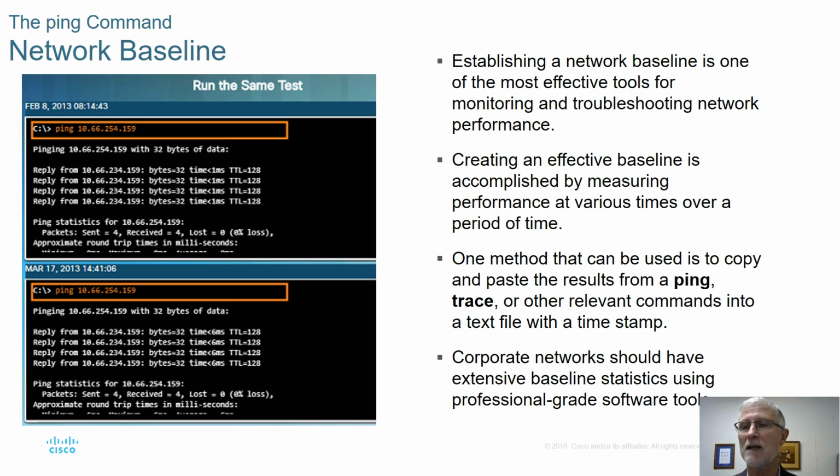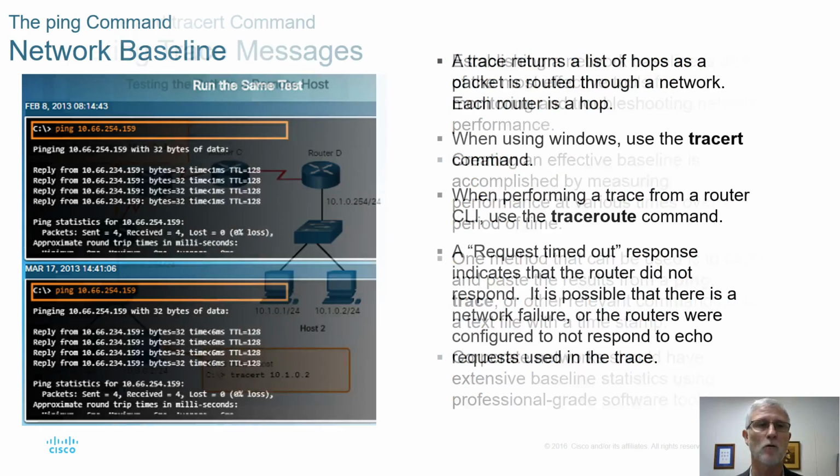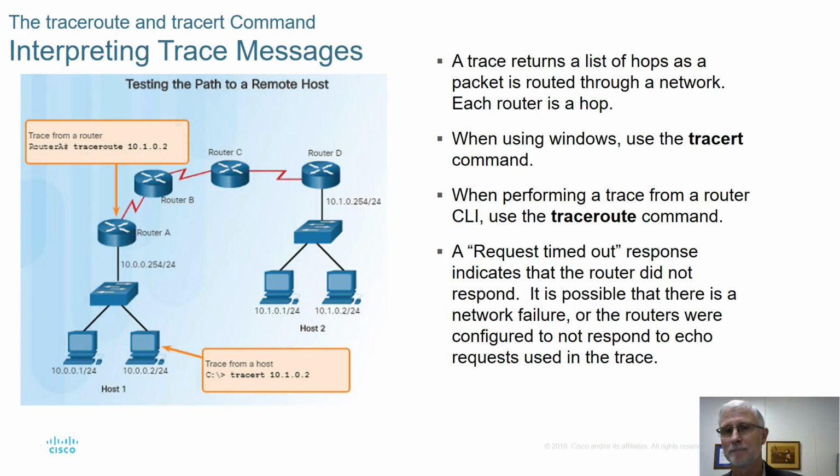I may do a trace on how long it takes to get to a particular server, so that I know which routers it goes through and how long it takes, so that before I make a change, I can understand where the network's running, so that if I do something, I'm hoping I'm improving the network and not detracting from it. There are definitely a whole lot of corporate systems that have much better, more complicated baselining, but it's outside the scope of this class.